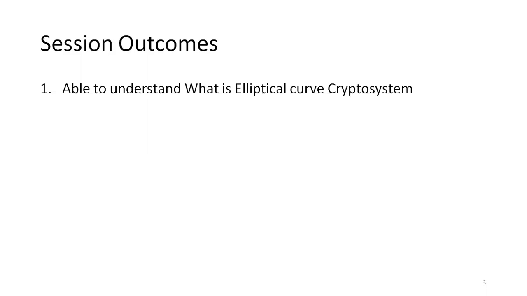At the end of today's session, you will be in a position to understand what the elliptical curve crypto system is, what principle this algorithm is designed on, and what the advantages and disadvantages of the elliptical curve crypto system are.